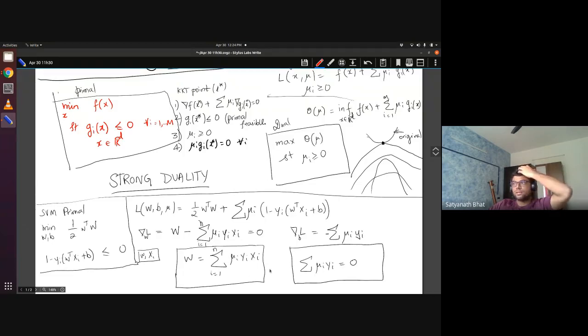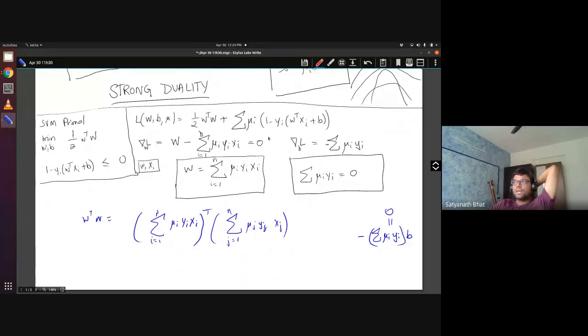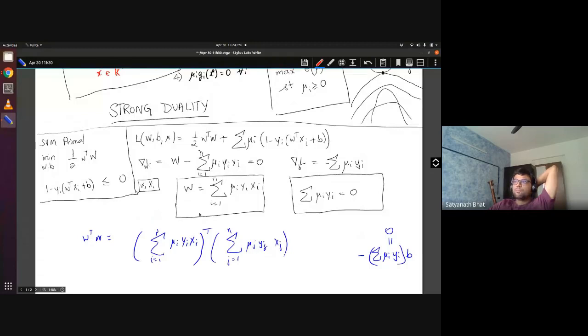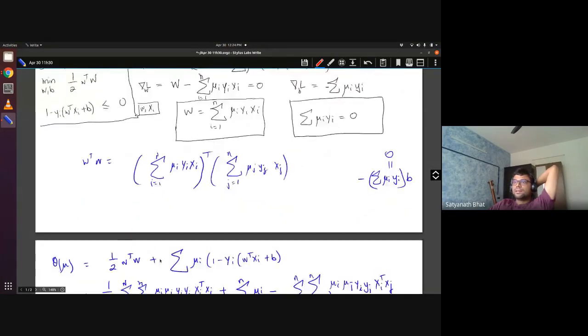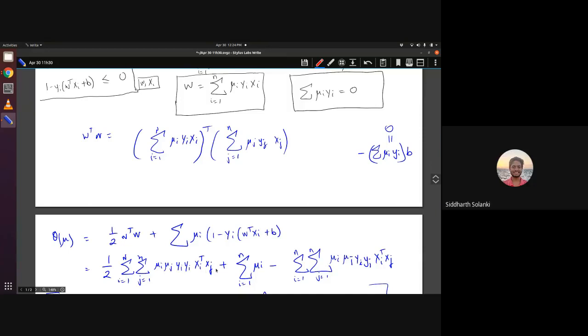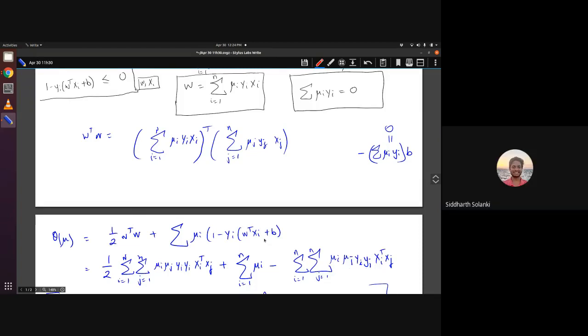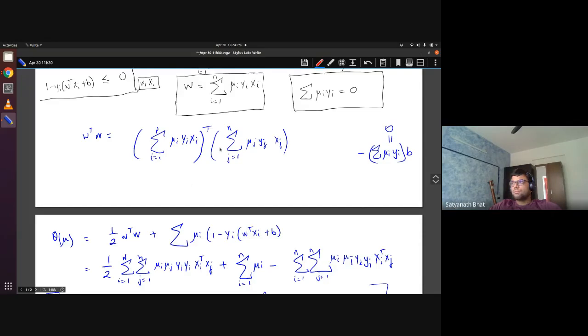Siddharth, this is okay, right? Yes, sir. So then we just substitute. Wherever we have an expression for W, we put back what we have learned and write this. When you put this back, this leads to this. This step, is it okay? Yes, sir. That's also fine. And the summation of mu I, that's okay. W is nothing but summation mu I yi xi, so when you do this, you get this.